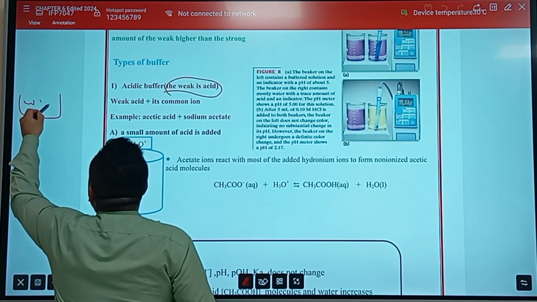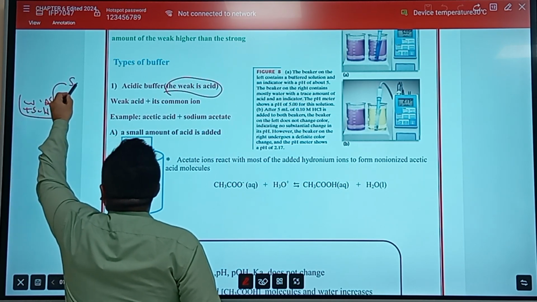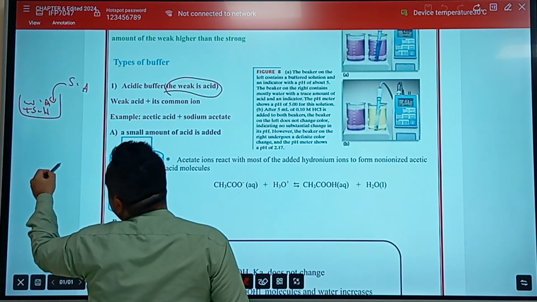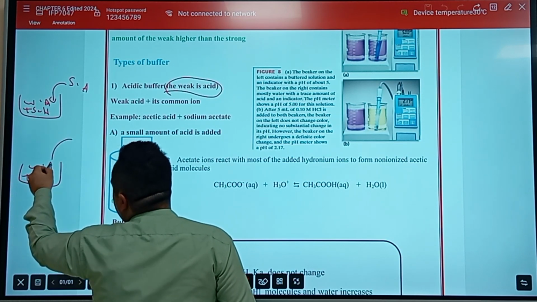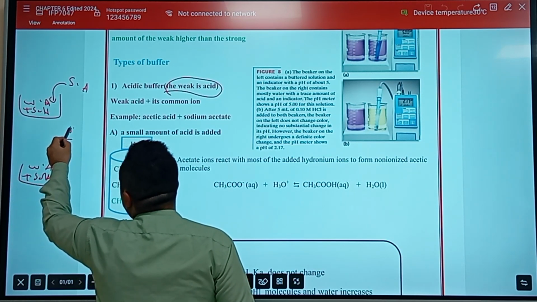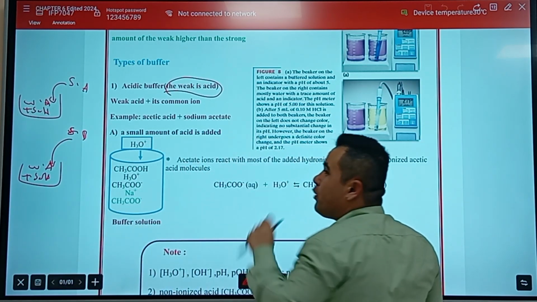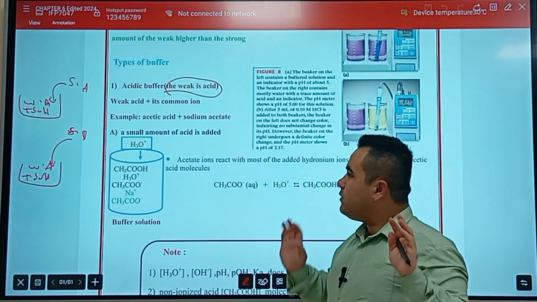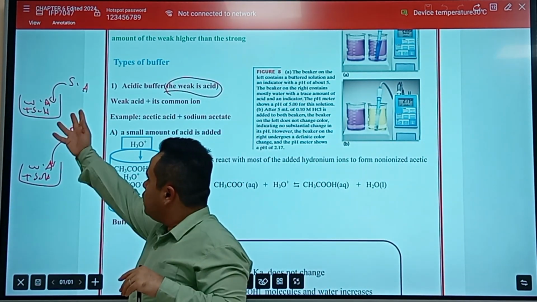First, weak acid plus its salt, we add strong acid. Second, weak acid plus its salt, add strong base. We will be talking about each of them, the effect, what will happen, what changes, what is unchanged in these two cases.